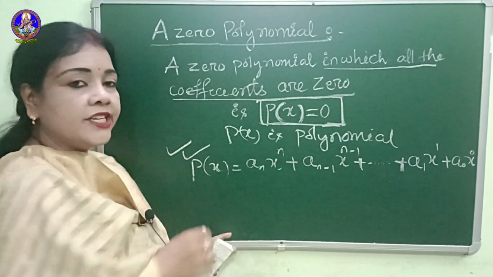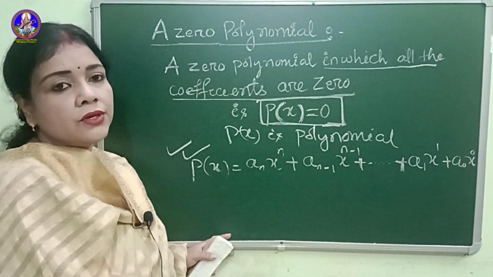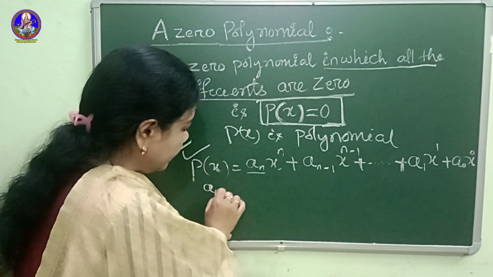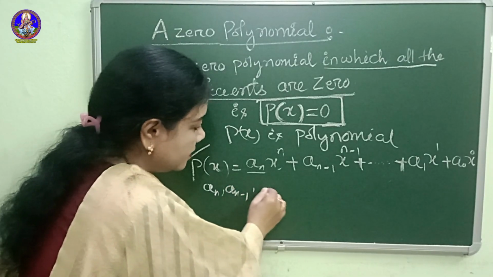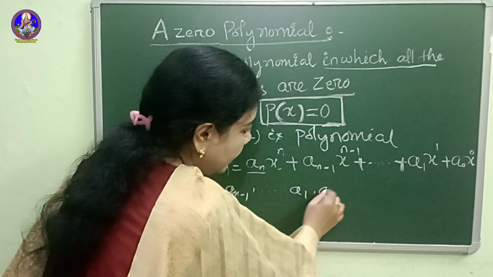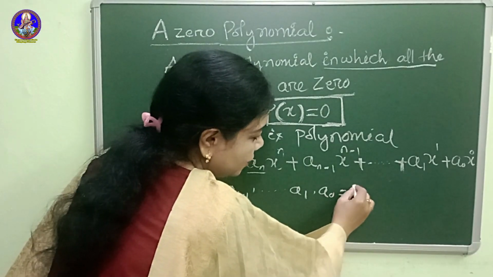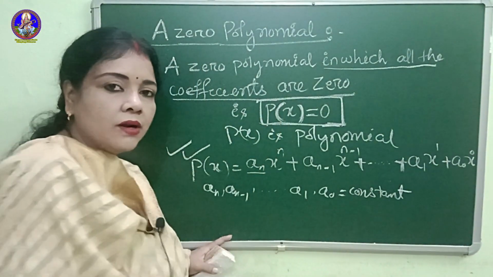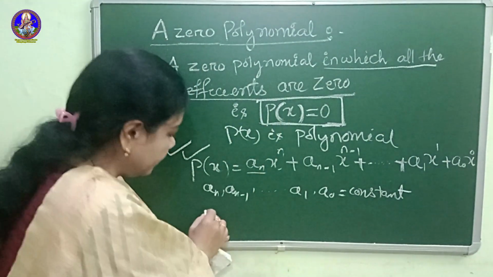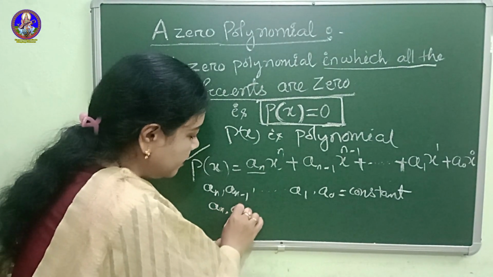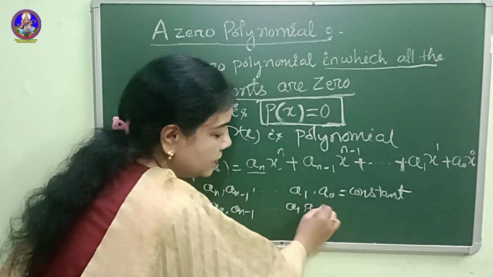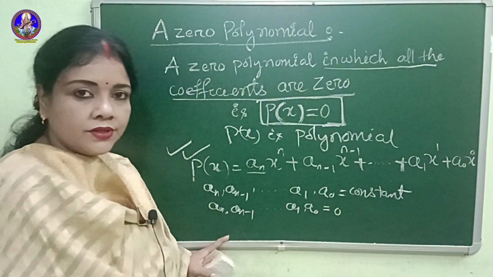This is a general mathematical expression of a polynomial. Here a_(n-1) up to a_1 and a_0 are constants, also called coefficients. So here a_n, a_(n-1) up to a_1 and a_0 are all equal to 0.